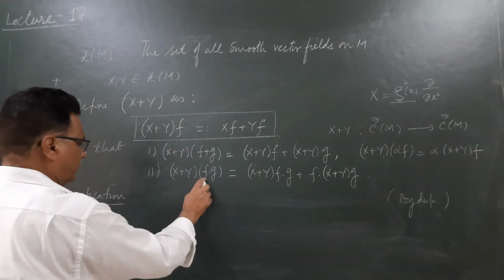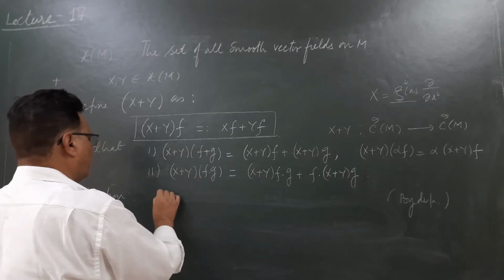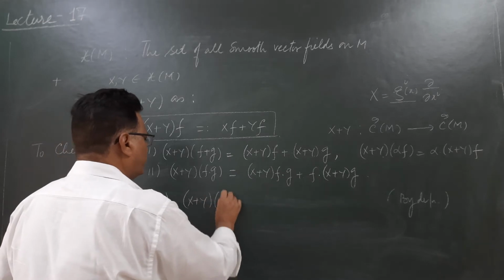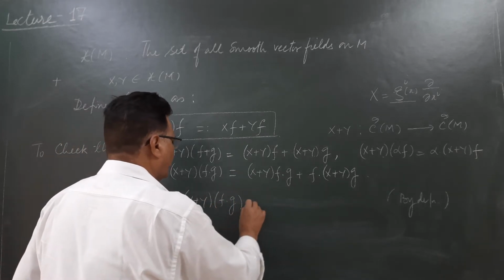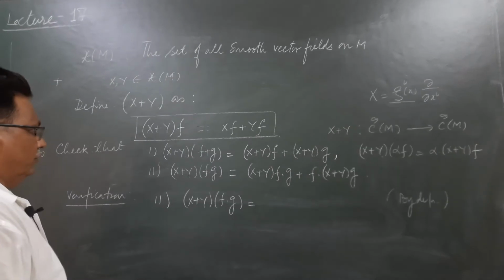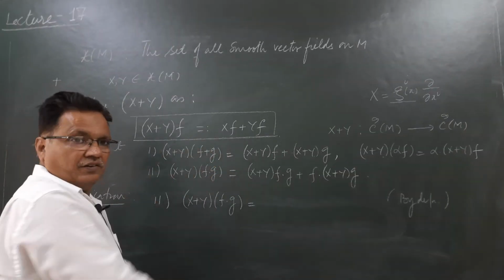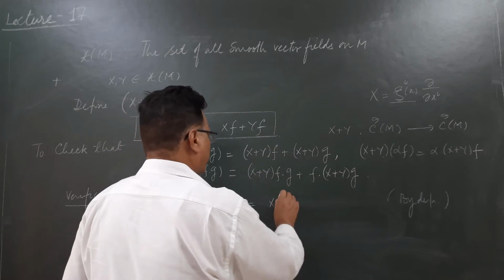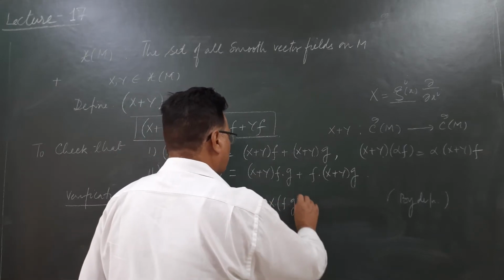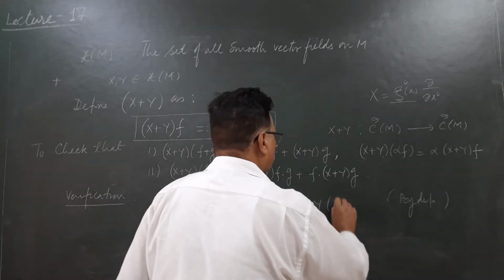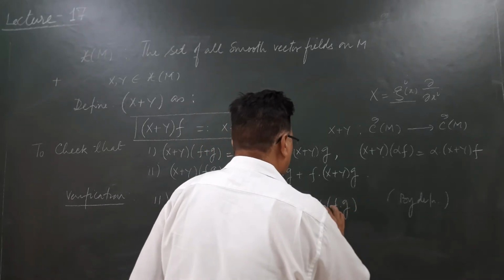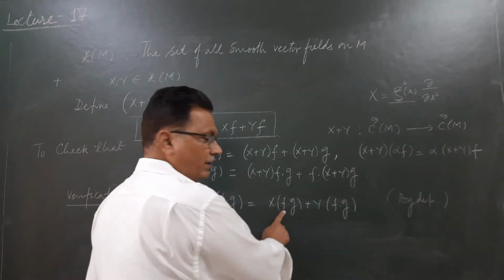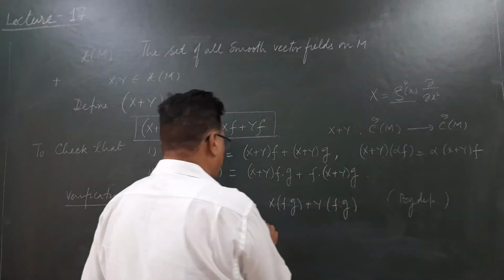We should also try this. So x plus y operating on f into g. So first I will apply the definition of the sum. So by that definition, x operating on f into g plus y operating on f into g. X being a vector field will satisfy the Leibniz property.